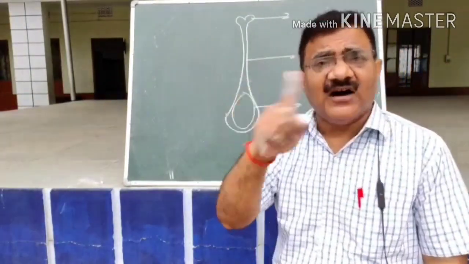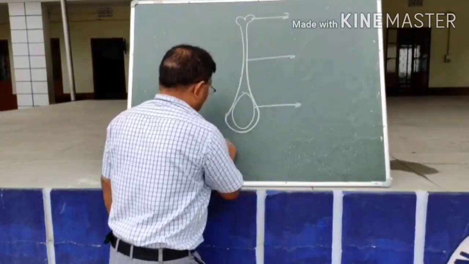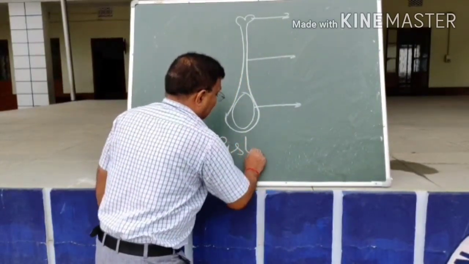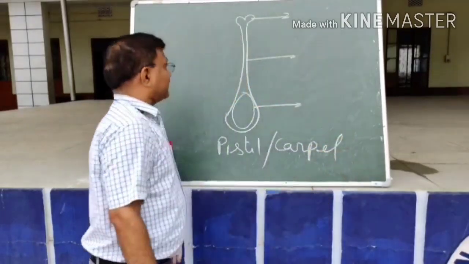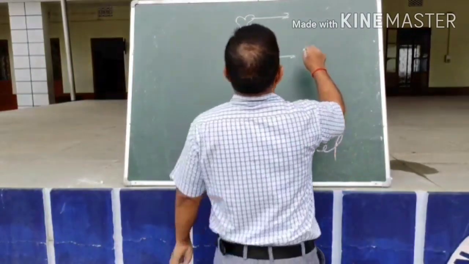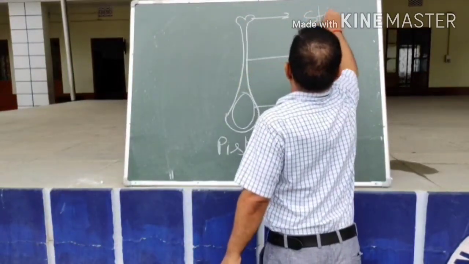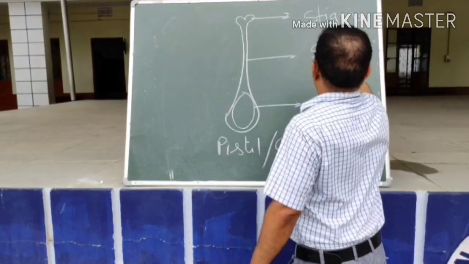Gynoecium is the whorl, and one unit of gynoecium is called pistil or carpel. Let me discuss what the upper part is called. Stigma. What is this called? Style.